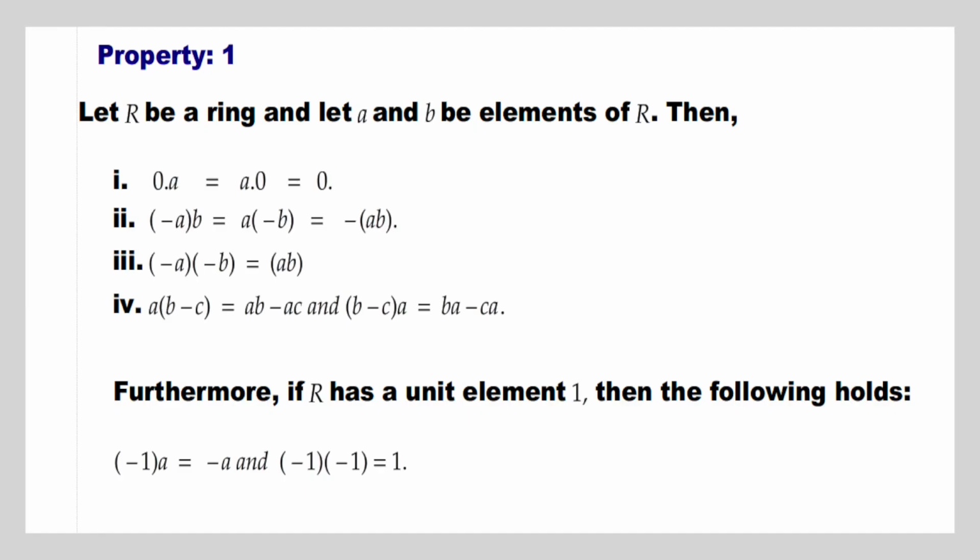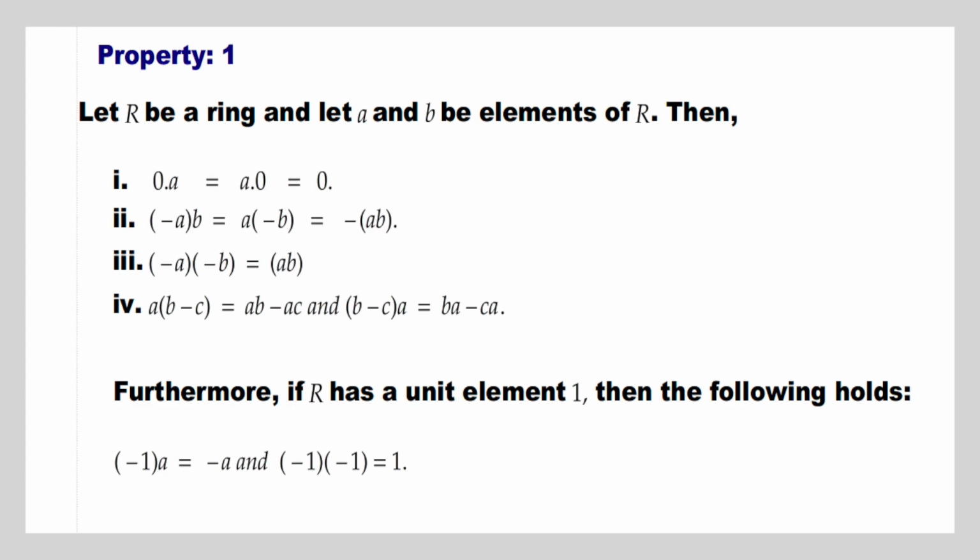The first property is, let R be a ring and let a and b be elements of R. Then first one is 0 · a equal to a · 0 equal to 0. Second one is (−a)b equal to a(−b) equal to −(ab). Third one is (−a)(−b) equal to ab.